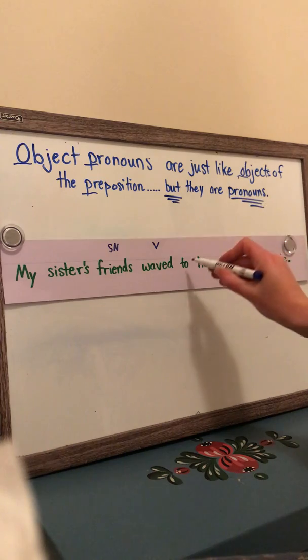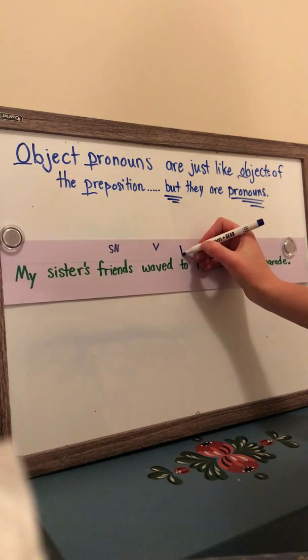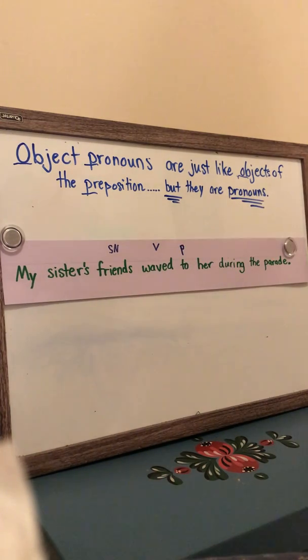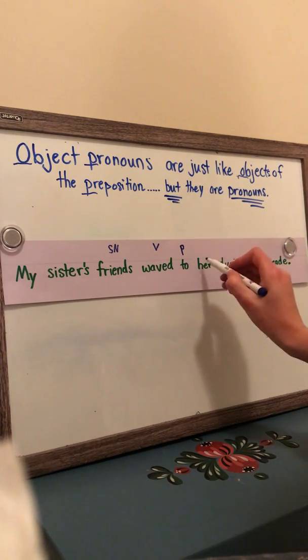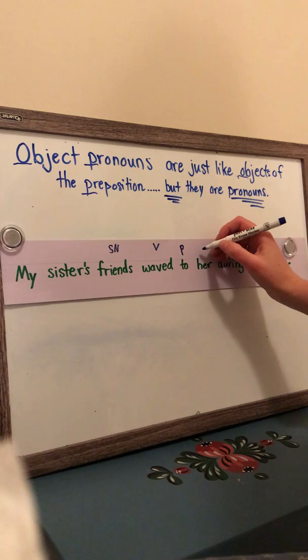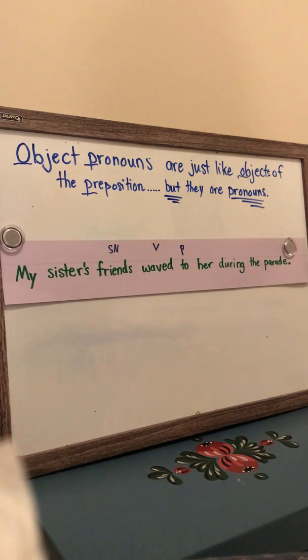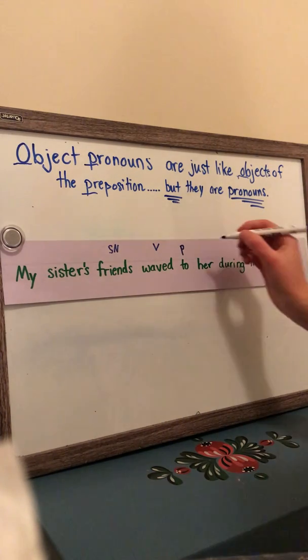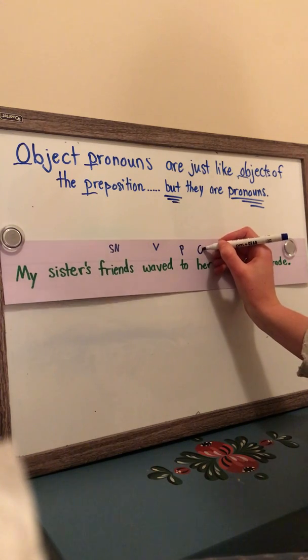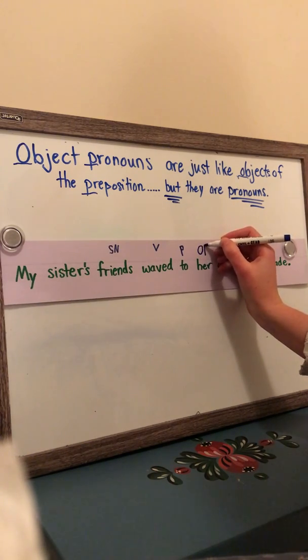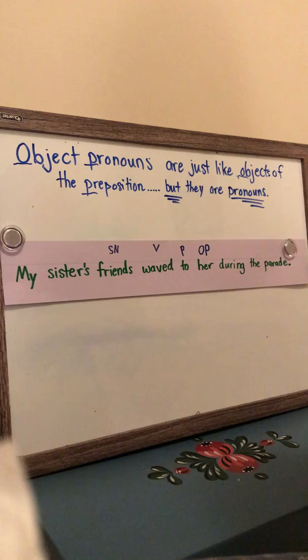To is our preposition. P. To whom did they wave? To her. What is her? You got it right. It's an object pronoun. Object pronoun, but we're just going to put that as an object of the preposition or an object pronoun.